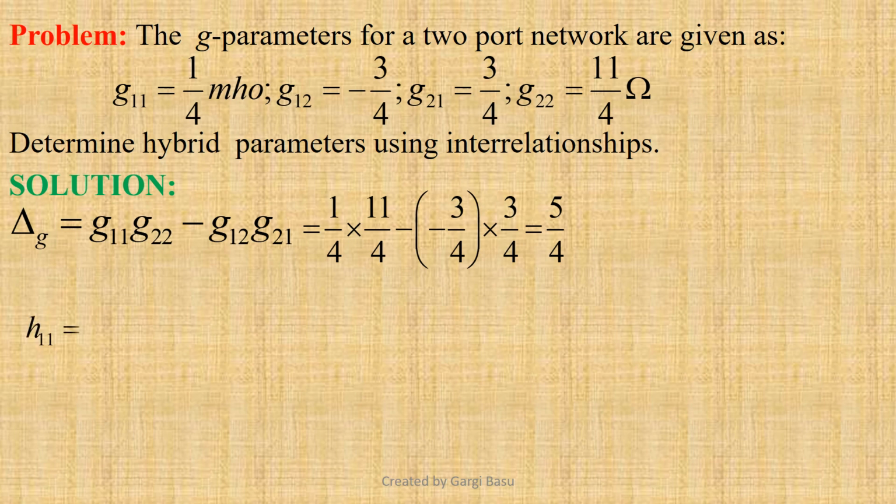H11 = G22/delta G = (11/4) divided by (5/4) = 11/5 ohm.